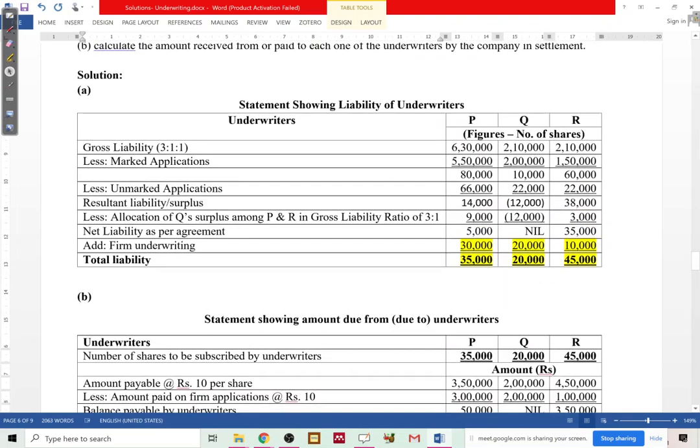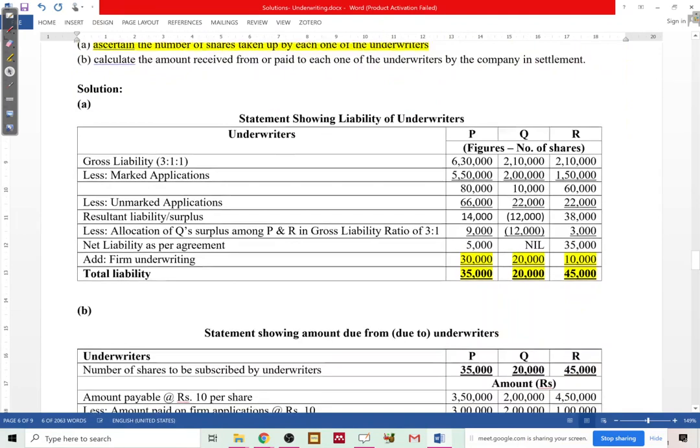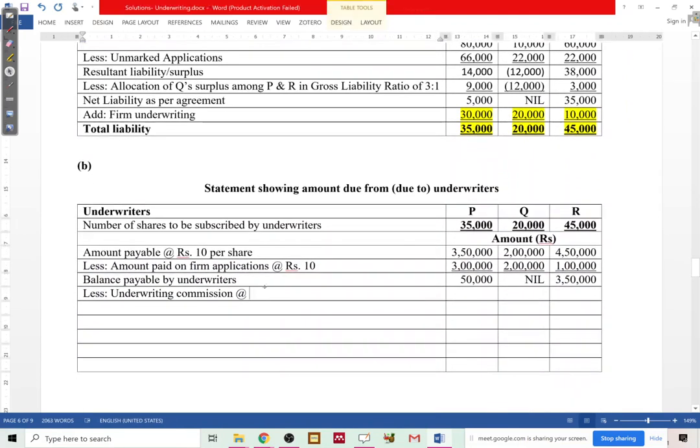So how much is underwriting commission? It was given in the problem that the underwriting commission was fixed at 2%. If not given, you have to assume 2.5, you know that.